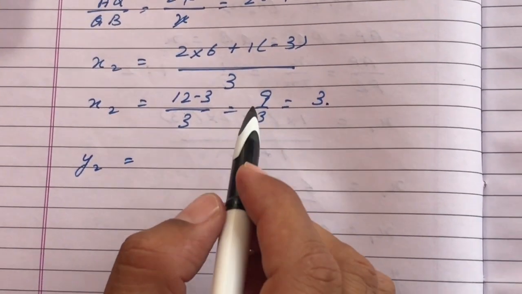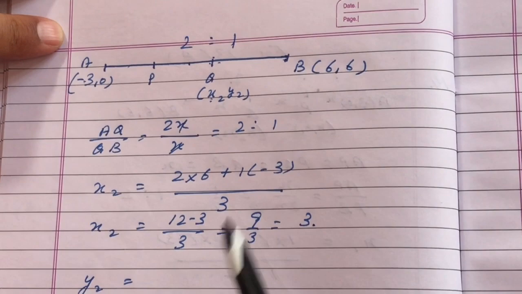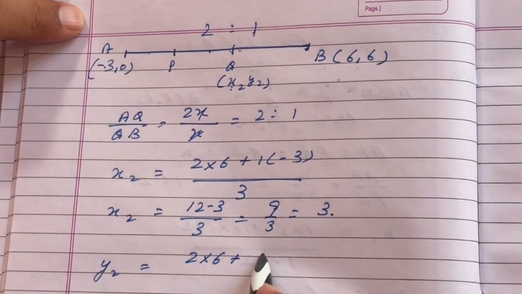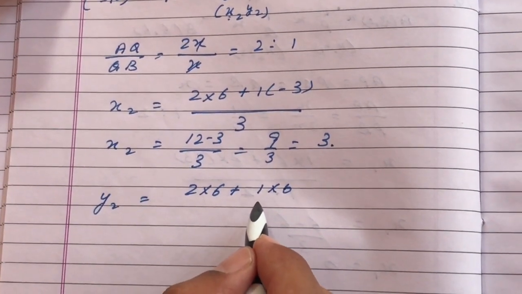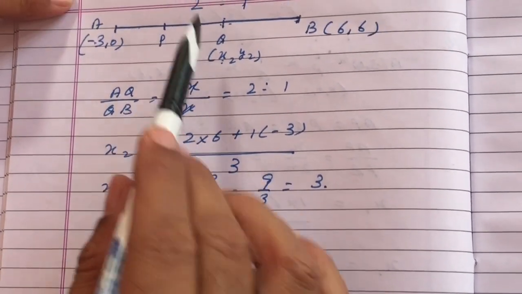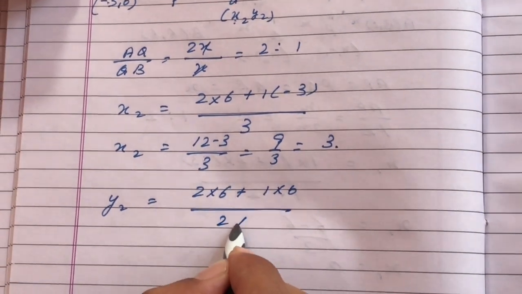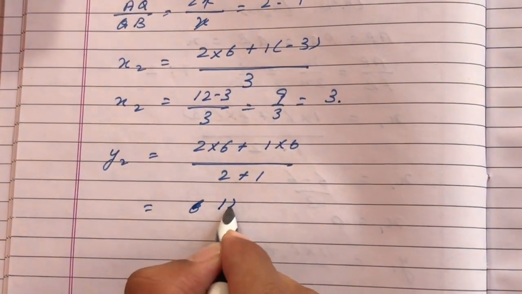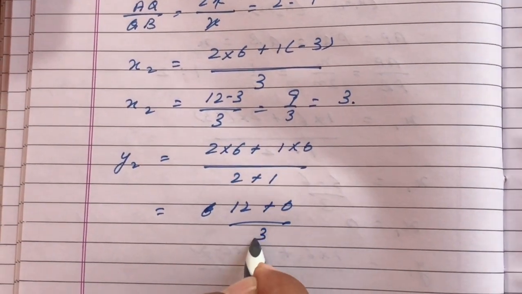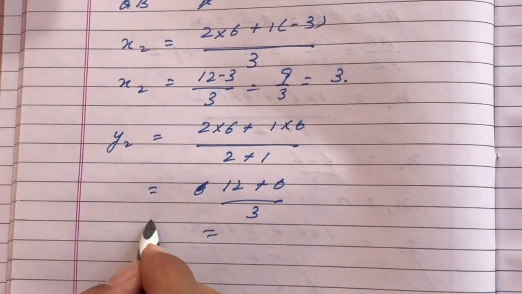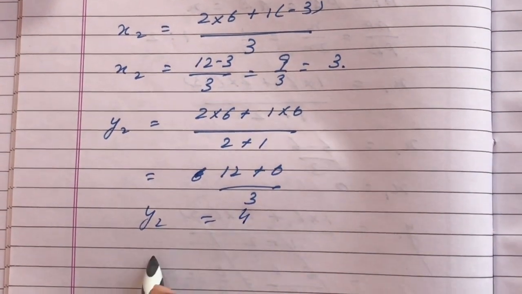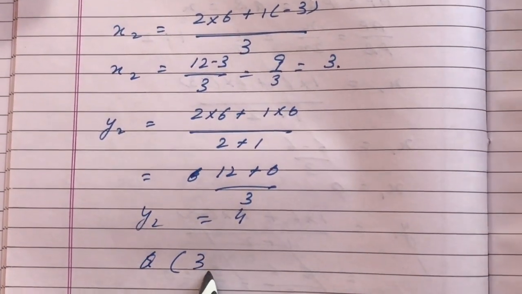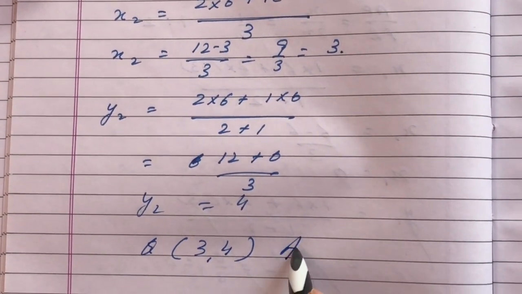For y2, m1 y2 plus m2 y1, 1 into 0, upon m1 plus m2. So 6 times 2 is 12 plus 0 upon 3, 3 times 4 is 12. So y2 is 4. So the point Q is x2 was 3, y2 is 4. Point Q is (3, 4).